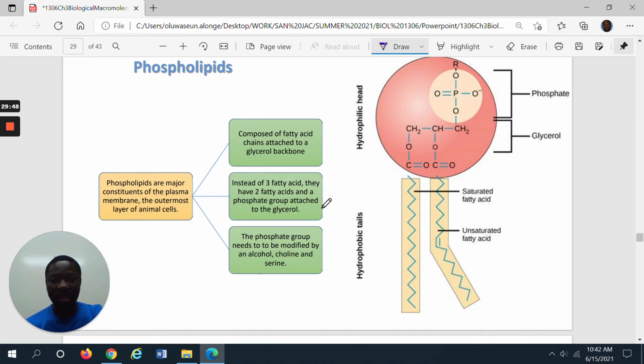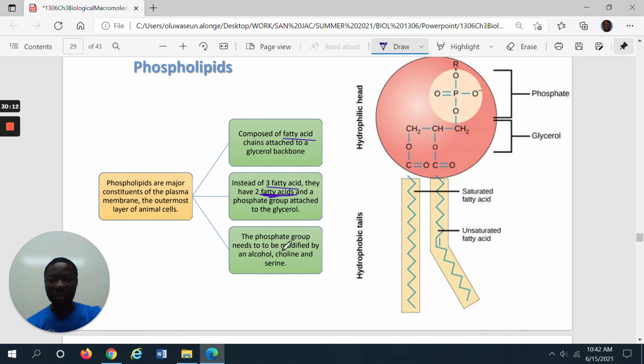What is the major thing about it? It consists of fatty acid chains that are attached to a glycerol backbone. Instead of 3 fatty acids in this case, these are 2 fatty acids attached to the phosphate head.